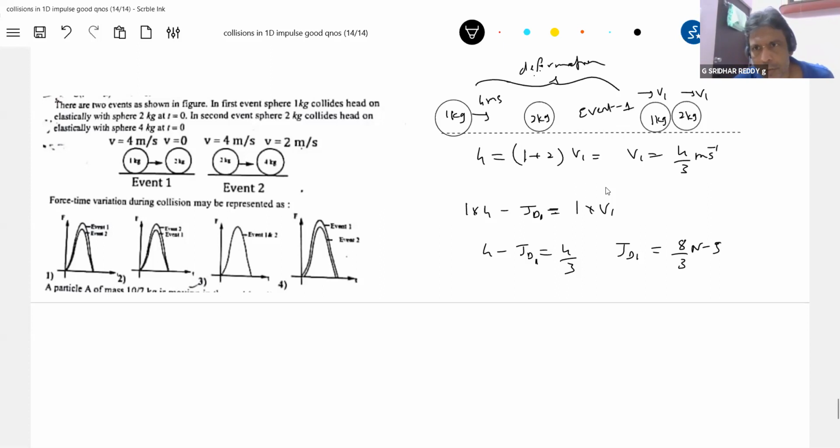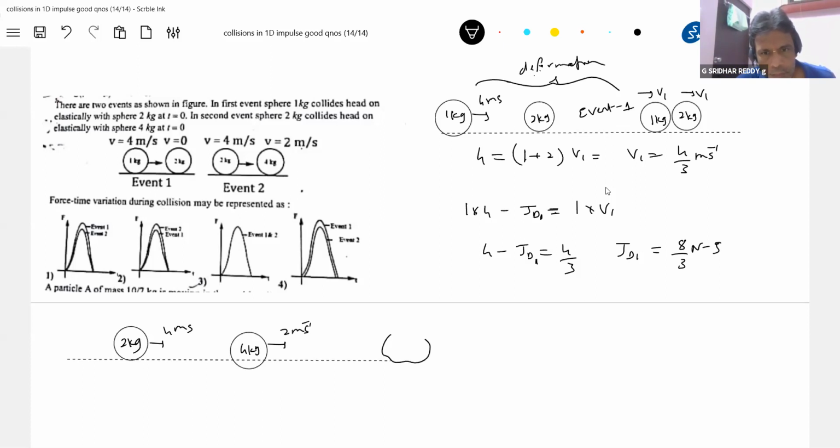Now for event 2, again the same method. There's a very important problem. They will undergo deformation.